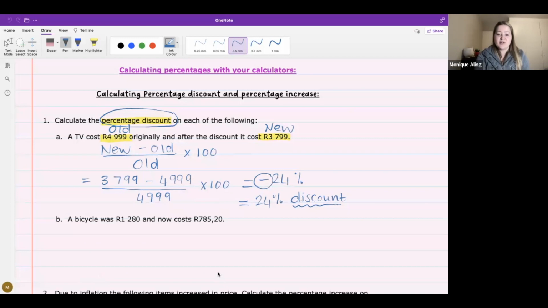Okay, I'm seeing some answers coming through. Nice. Somalizi and Oratile and Naledi. Good. And yes, don't forget your percentage signs with your answers. Nice, Amo. And good rounding, everyone. Well done.